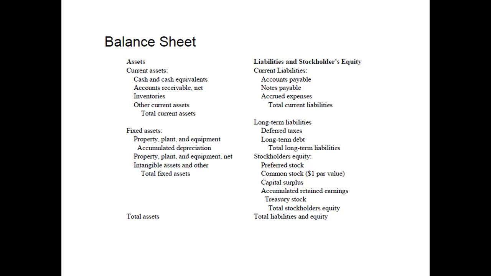It's a snapshot, if you will, of what the company owns, also called assets, and what the company owes, which are liabilities. And of course, if they own more than what they owe, what's left over belongs to the owners, the shareholders or stockholders.